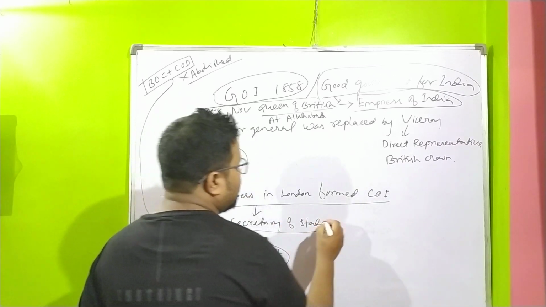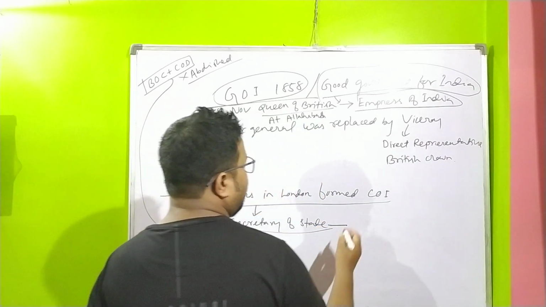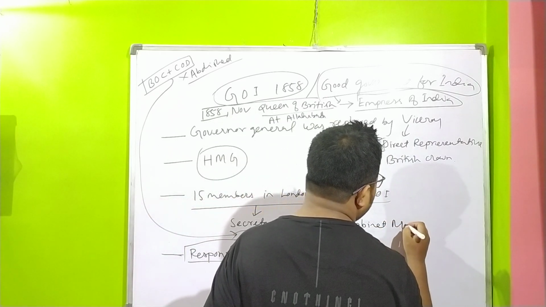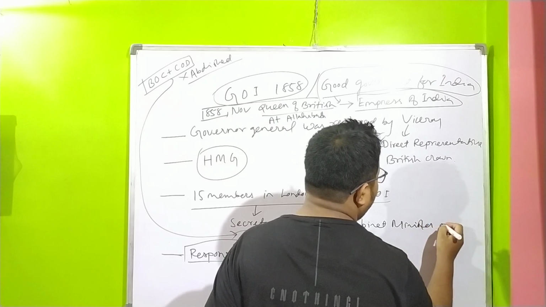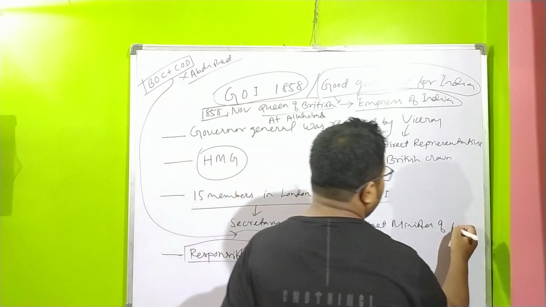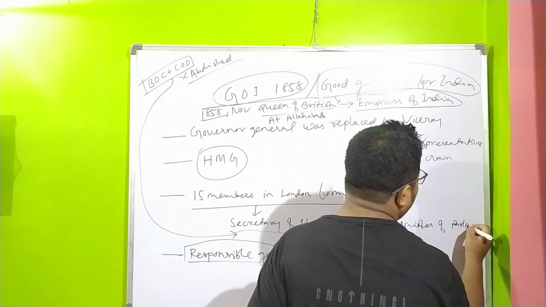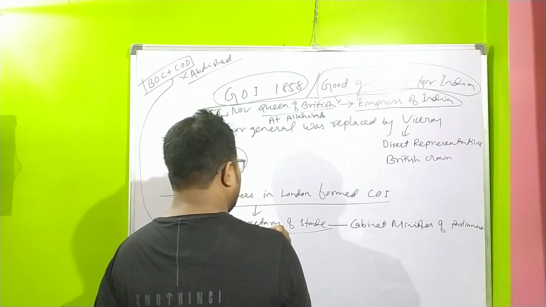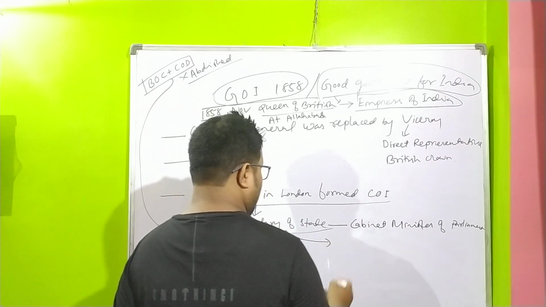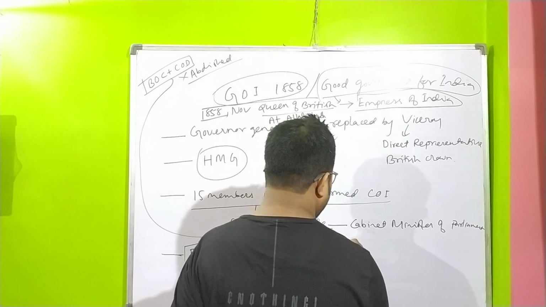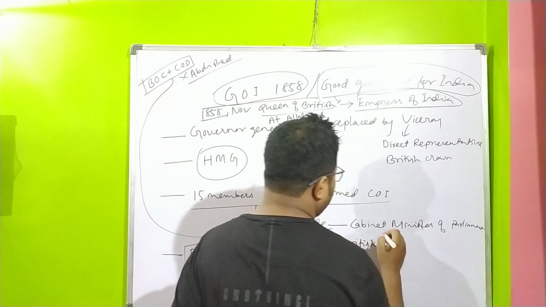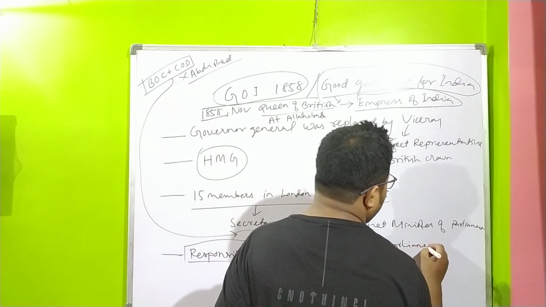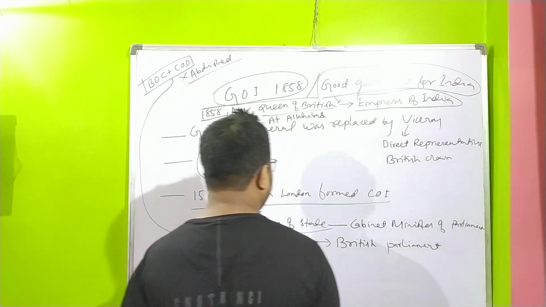What happened? The Secretary of State was a cabinet minister of the British Parliament, and therefore the Secretary of State was answerable to the British Parliament.